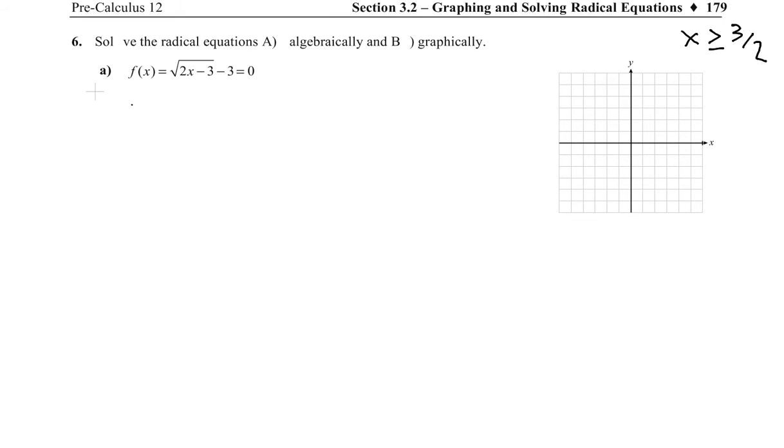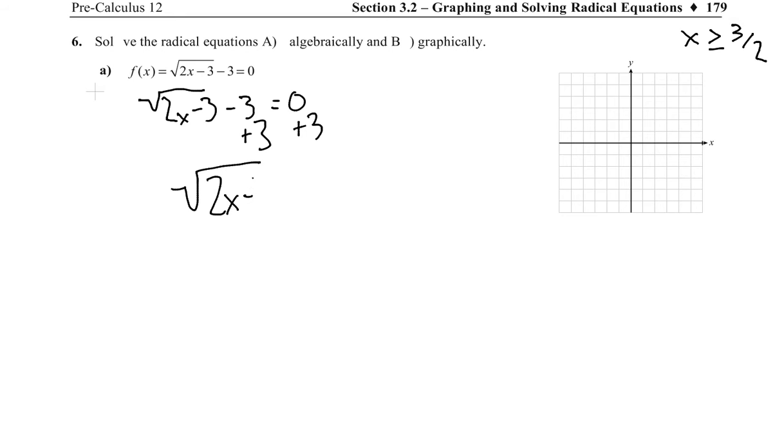So if we write out root 2x minus 3 minus 3 is equal to 0, the first thing that we want to do is isolate the radical. So we will move the 3 over to the right side. So now we have root 2x minus 3 is equal to 3.